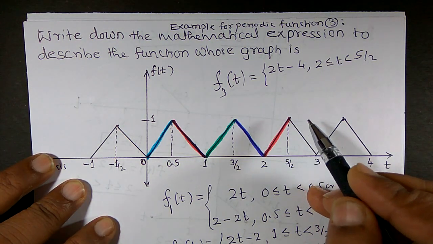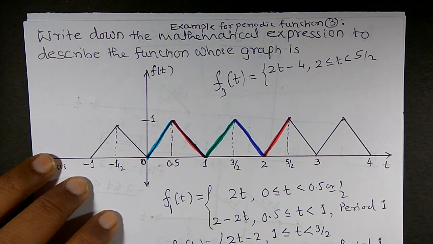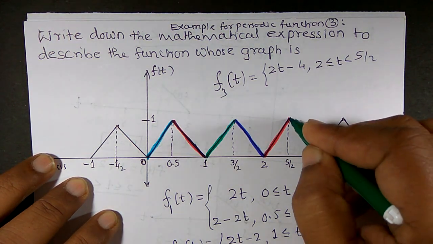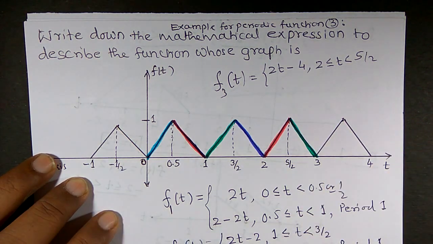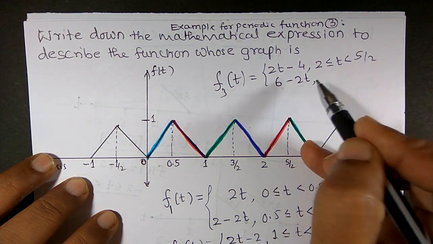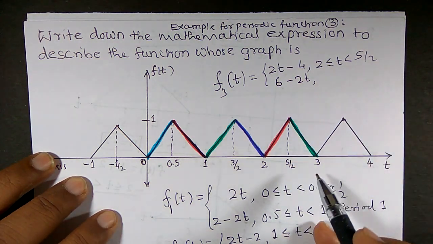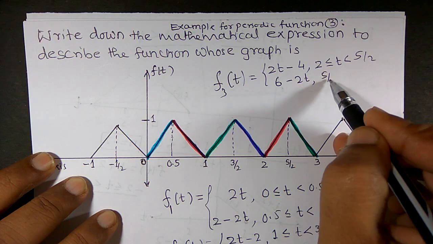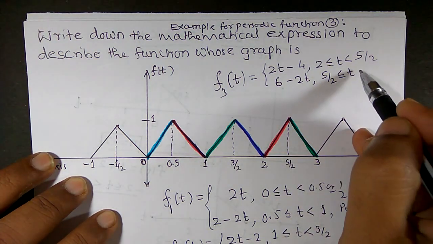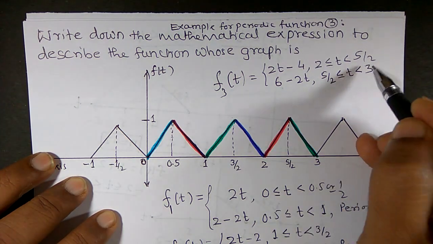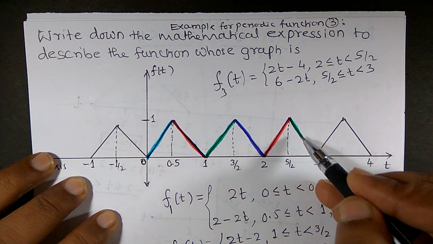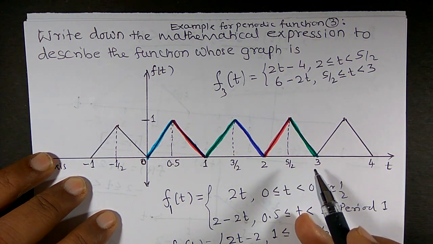I hope you'll get this graph. Similarly, for this part of the graph the function is 6 minus 2t, with the limit 5/2 less than or equal to t strictly less than 3. When you draw the graph of f3, you can obtain a graph between 2 and 3.